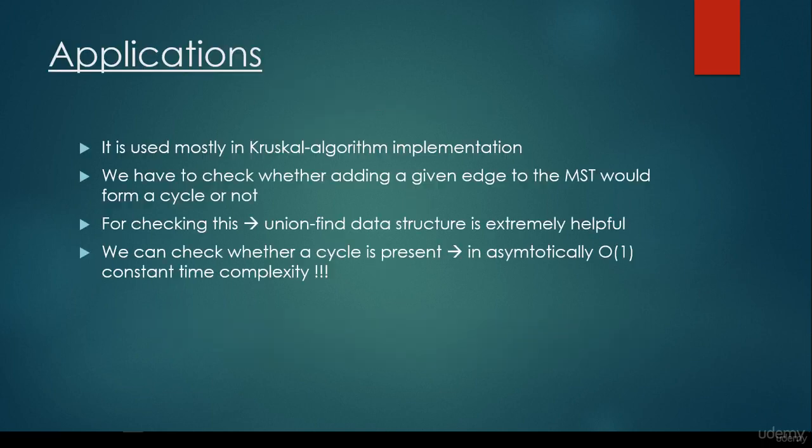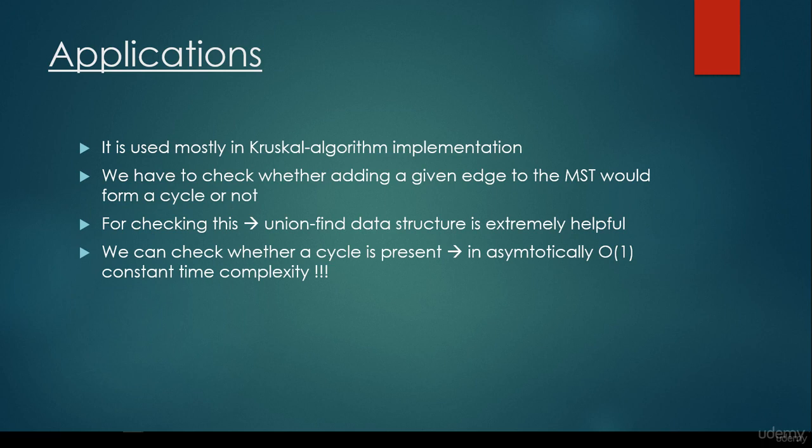Okay, so what about the applications of the disjoint set? Basically, it is used mostly in Kruskal's algorithm implementation. So we have to check whether adding a given edge to the minimum spanning tree would form a cycle or not. This is how Kruskal's algorithm works. We are going to talk a lot more about it in the coming videos. But for checking this, the union-find data structure is extremely helpful because we can check whether a cycle is present or not in the graph in asymptotically O(1) constant time complexity.